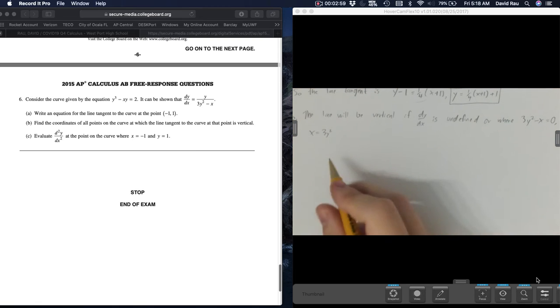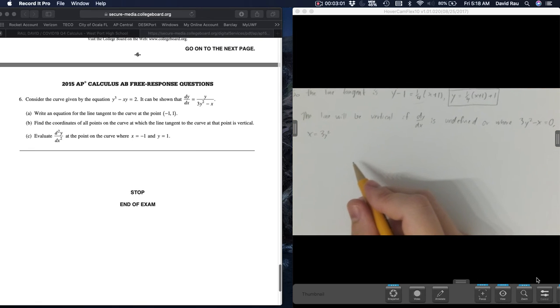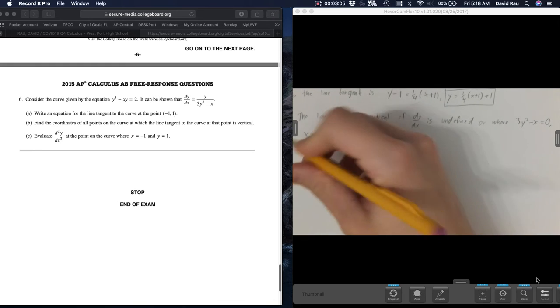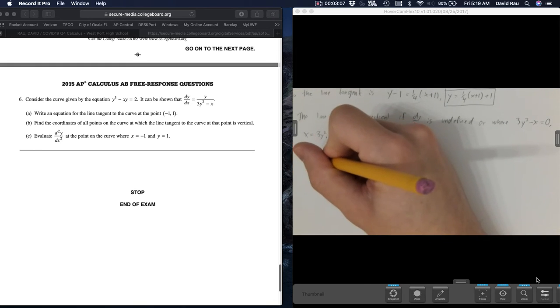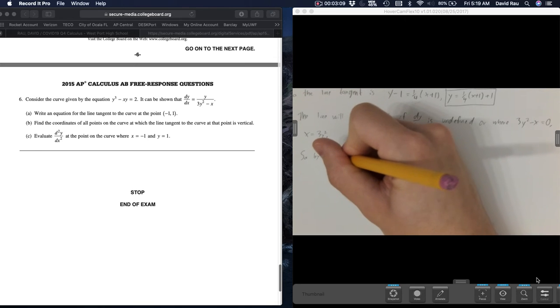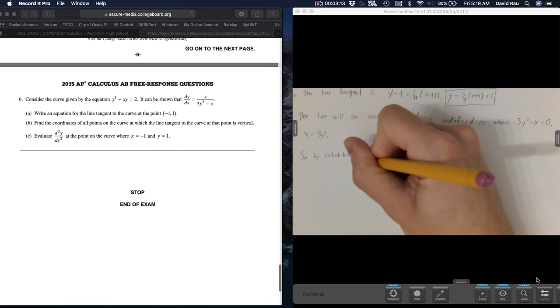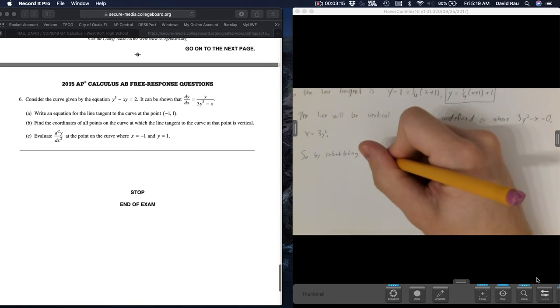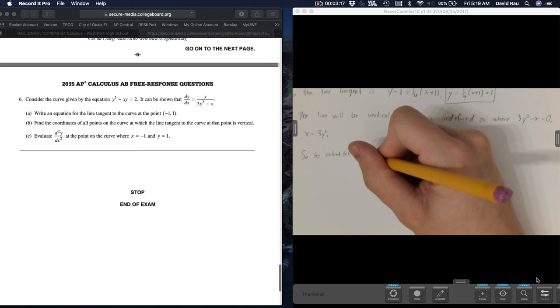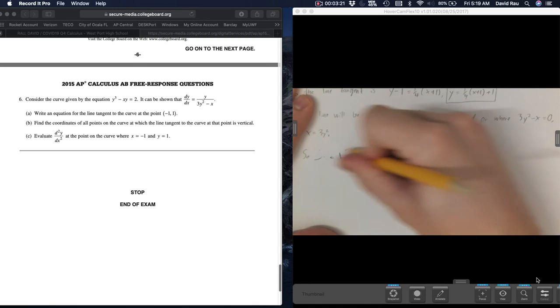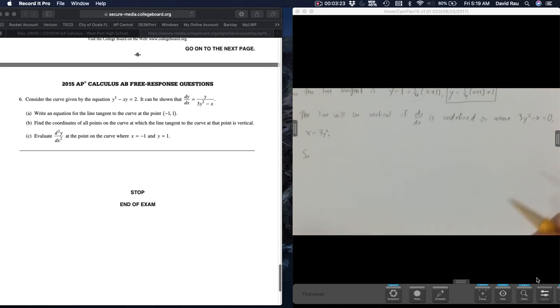Now, again, that's where, so by substituting. So now what I'm going to do is look at my original curve. Maybe I'll do it like this.